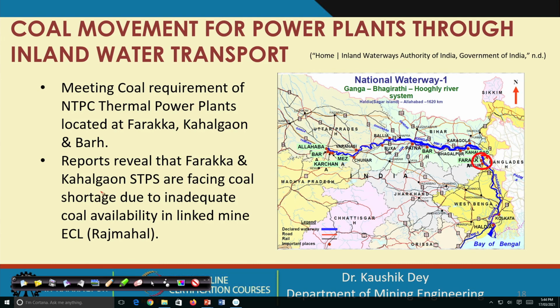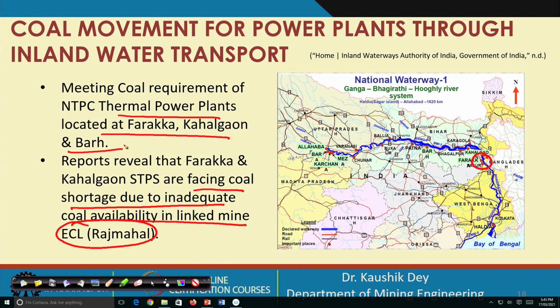It can be seen that the linked mine, ECL Rajmahal, is facing coal shortage due to inadequate coal availability in this mine, and that is why Farakka is facing problems with the availability of coal, which can be solved through this.